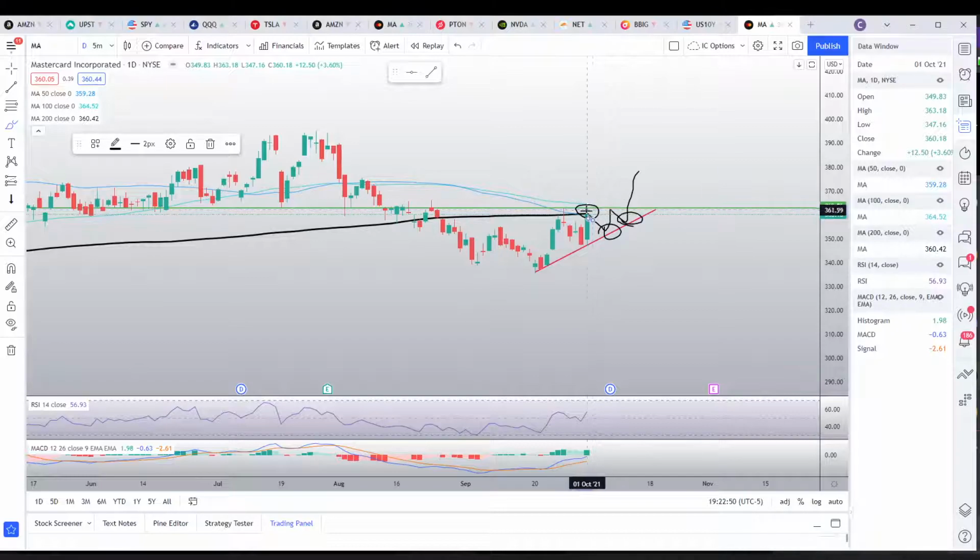If not, this is going to be my entry right here. If it's rejecting the 200 moving average, it's going to come back down here to retest this trend line. I'm going to enter right here at the 49.50 area, and I'm going to keep my stop $2 below, just in case they do a fake out. Does that make sense? Yes. Perfect.